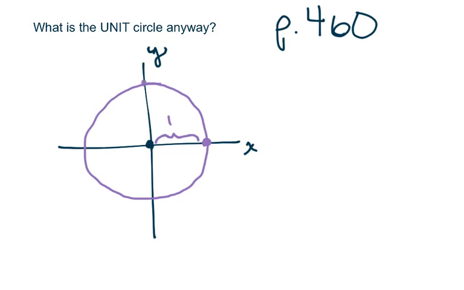All your radii, of course, are going to be 1. This is 1, and this is 1. All of those radii are 1. We call it a unit circle.